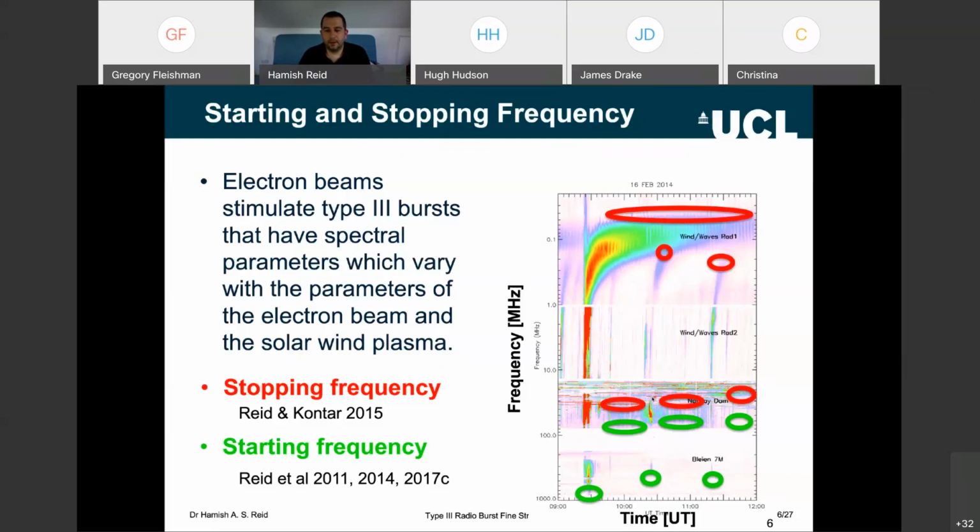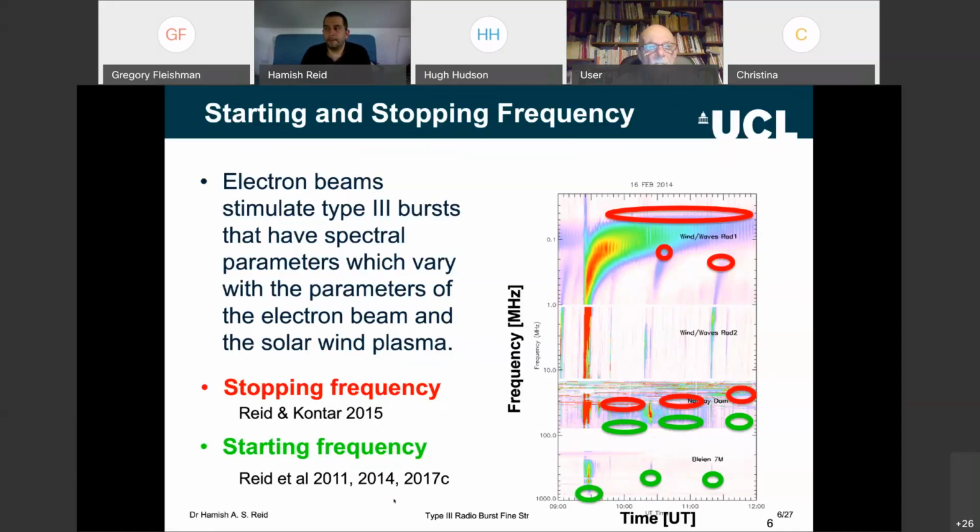Yeah, go ahead. Speaking of starting frequencies, I remember the work by Antoinette Howell a long time ago, where she found that the highest frequency of type 3s were related with peaks in the hard X-ray flux. Indeed, and the studies that we've got are not only referencing that study by Rao, but also seeing that correlation between the starting frequency and the hard X-ray spectral index.